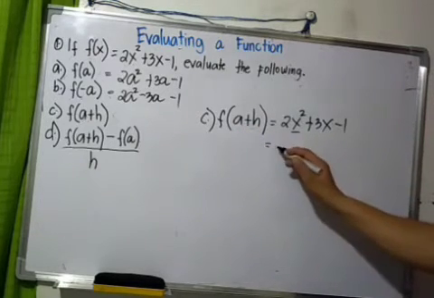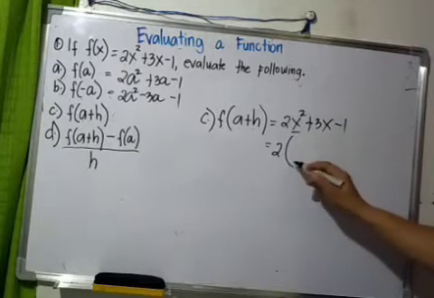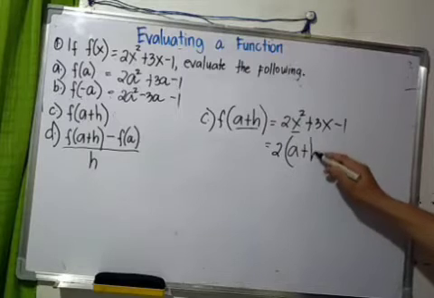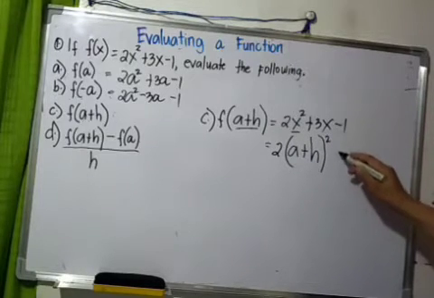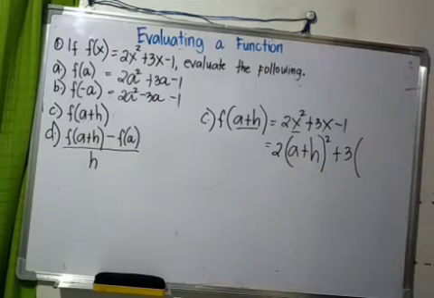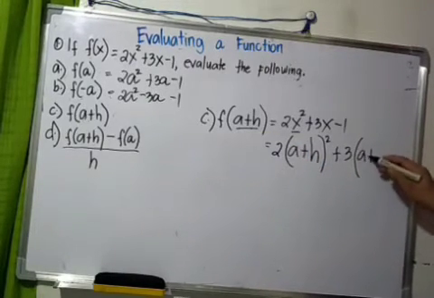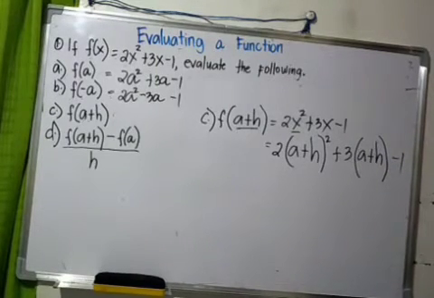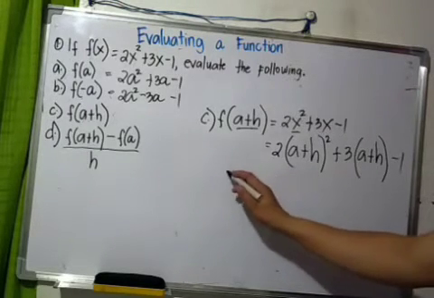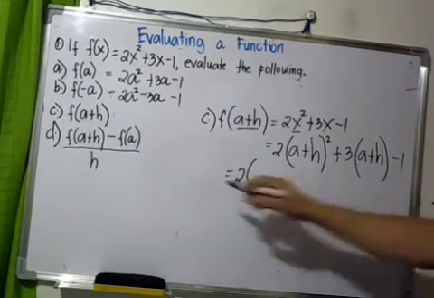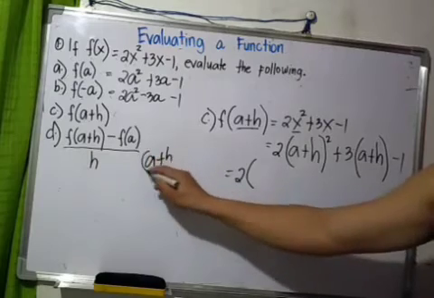So that is 2 times, i-replace natin ito, that is a plus h squared plus 3 times, again, value ng x is a plus h, minus 1. Then, simplify. How to simplify this one? So, magiging 2 times a plus h raised to 2.